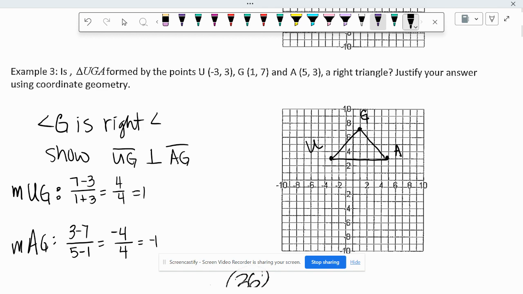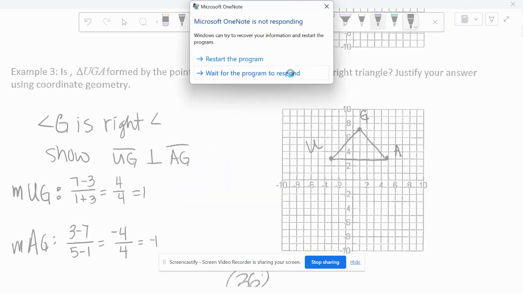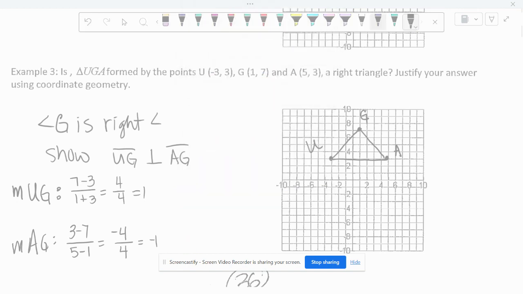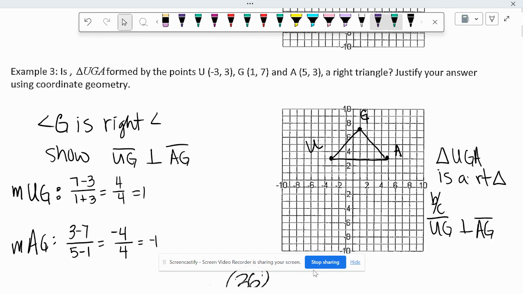Are the slopes opposite reciprocals of each other? Yes or no? Yeah. So triangle UGA is a right triangle because UG is perpendicular to AG.